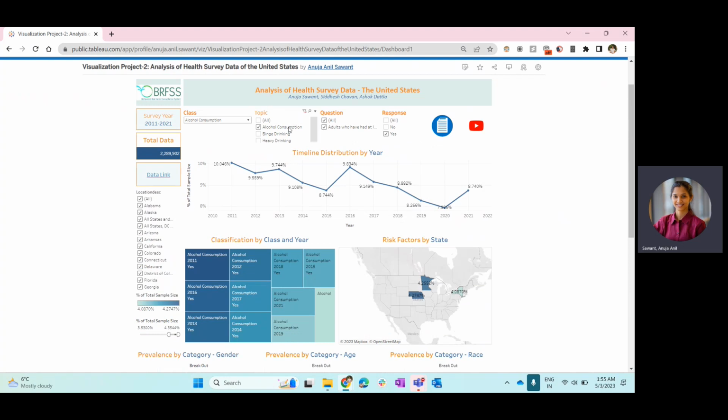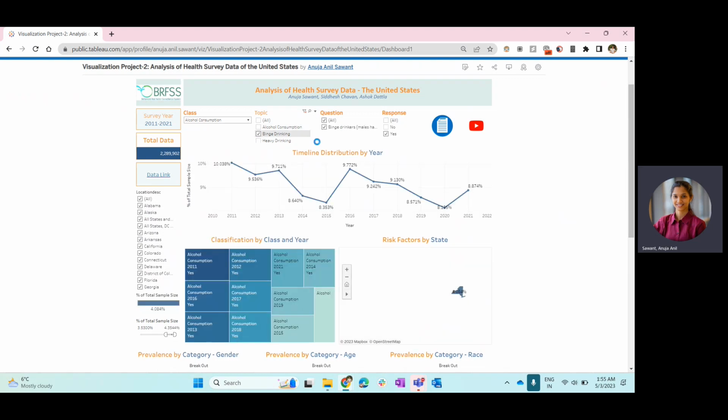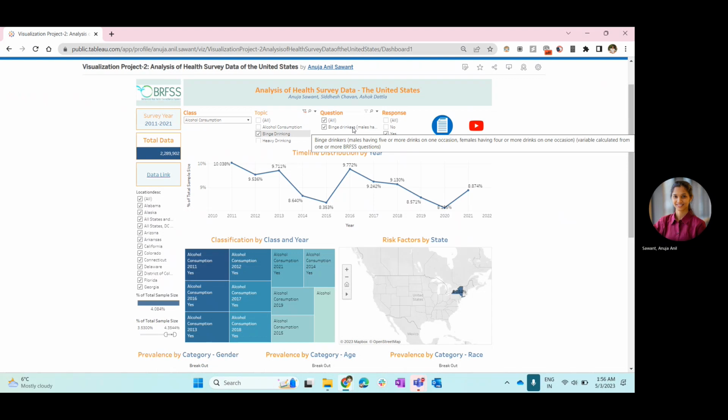Similarly, we can check this by changing the topic. If I select binge drinking, these are the people who had five or more drinks on a single occasion.